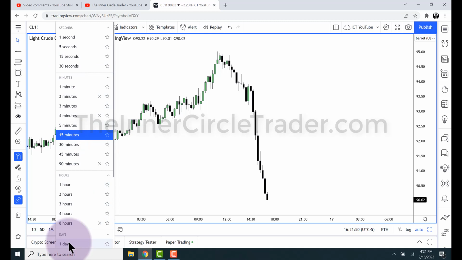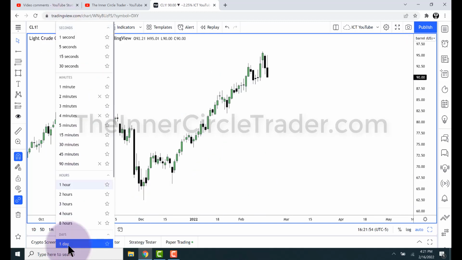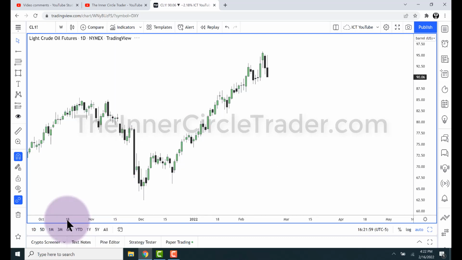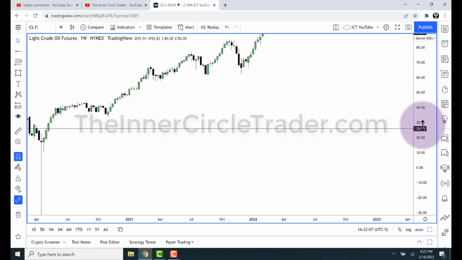All right, let's go to the daily chart and look at oil. Let's go to the weekly first. I don't want to give you an incomplete view. Remember that big move here when they were paying people to get the oil? Come take our oil. We're paying you.